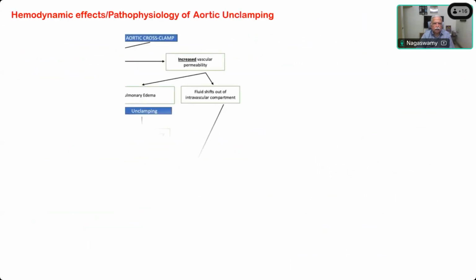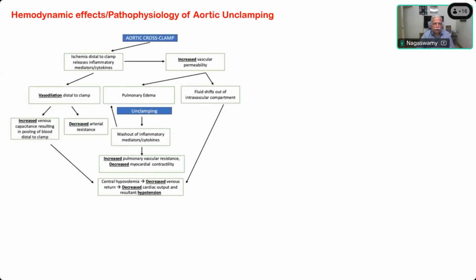And aortic unclamping, again you have a picture like this. Once you unclamp, there is ischemia distal to the clamp and release of inflammatory cytokines, increased vascular permeability, vasodilatation distal to the clamp, pulmonary edema, and fluid shifts into the vascular compartment.